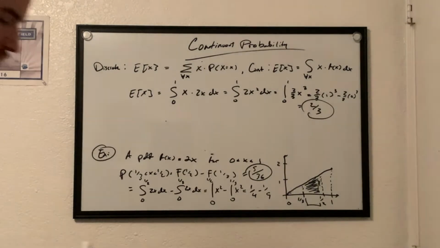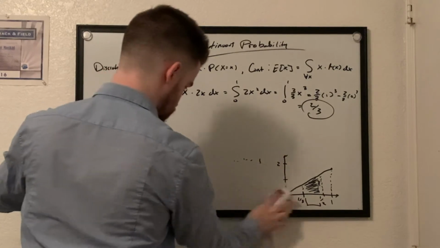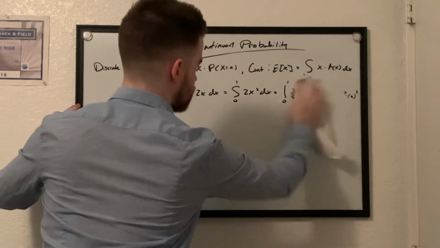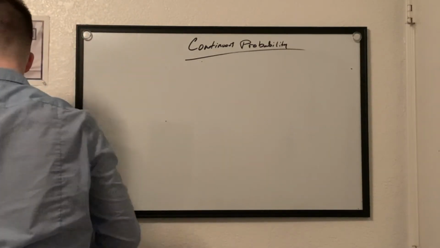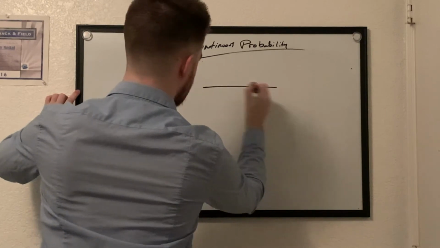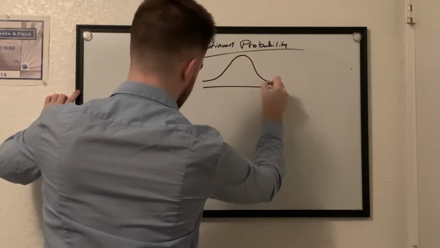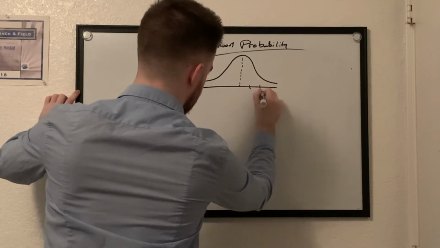All right, so I'm going to try to wrap this up. So finally, we're going to talk about the Gaussian bell curve, which is this guy right here that you've probably seen many, many times.